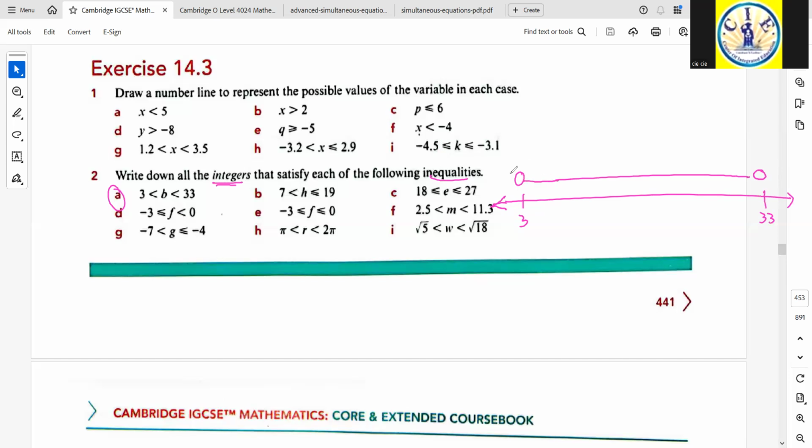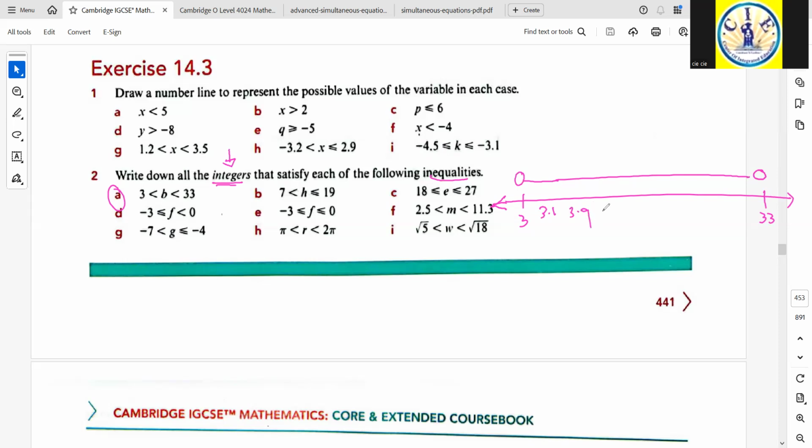But now in this case, since I need to have the integer values, so no point of drawing a line like this, because line means all the values which are included. For example, what I mean to say is that this line means if there is a value 3.1, that is also a part of this. If a value is 3.9, that is also part of it.